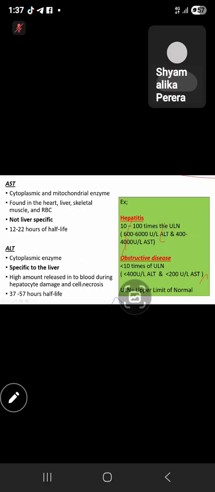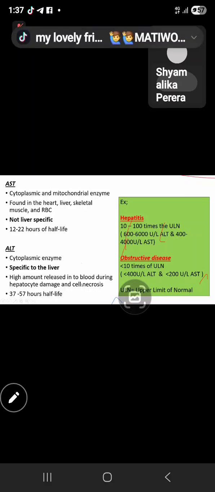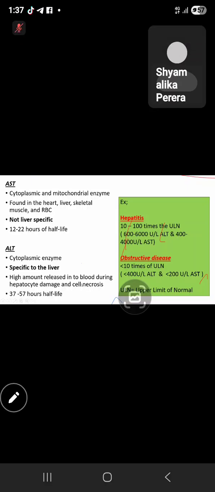AST is a cytoplasmic and mitochondrial enzyme. It's not found only in the liver. You can have it in the heart, skeletal muscles, and red cells. So it's not liver specific, but you can have an idea of the disease level in your liver based on these AST levels.